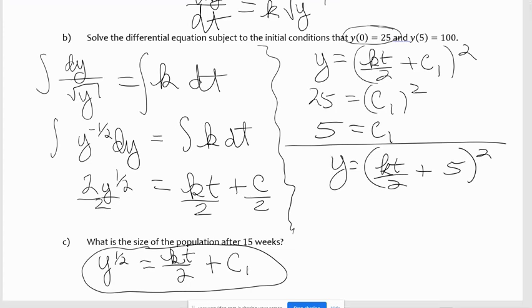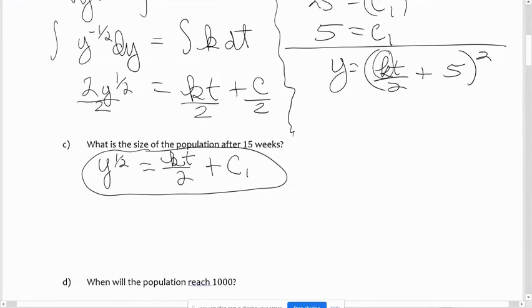All right. Now we want to figure out what this constant is, and we're going to use this other condition that they gave us, y of 5 is equal to 100 to do that. So I'd get 100 equals 5k over 2 plus 5 quantity squared.